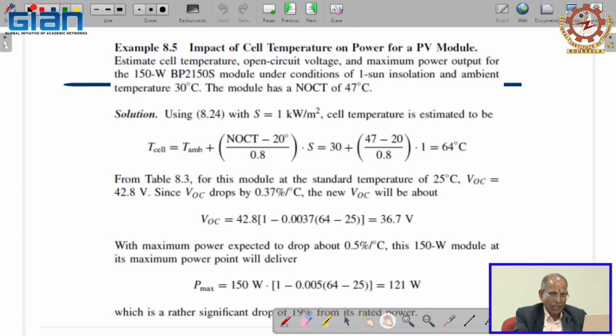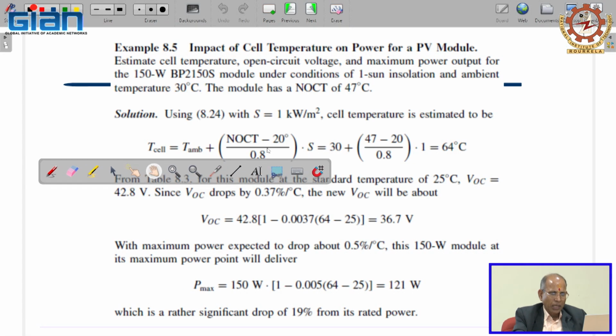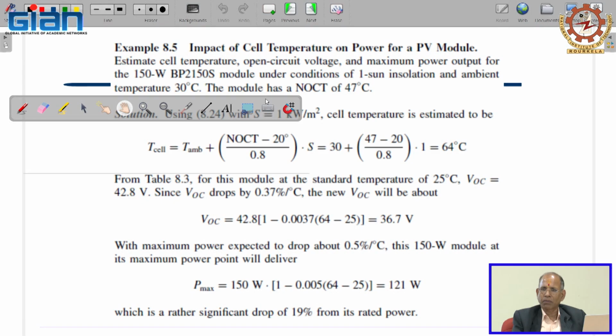So you can clearly see the effect of temperature.